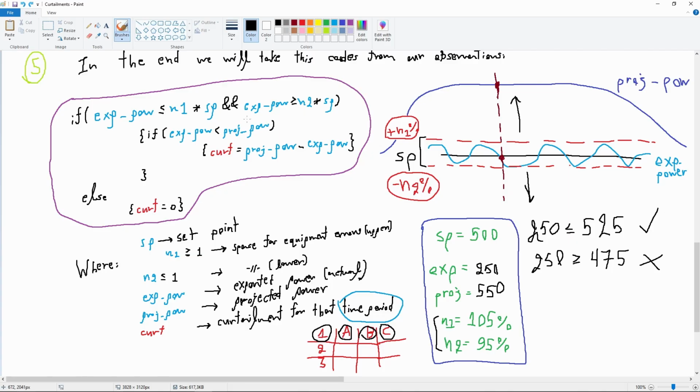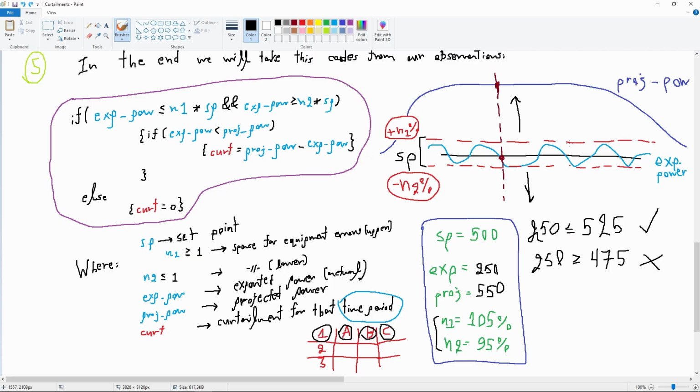Yes, but is my exported power also greater than or equal to N2 times my set point? So is 250 greater than or equal to 475? No. So immediately I go to this condition and conclude that my curtailment is zero and thus non-existent.